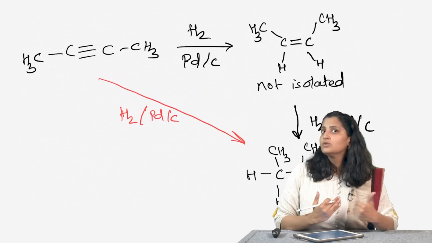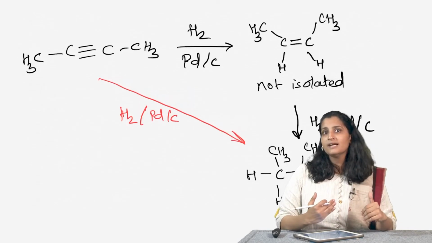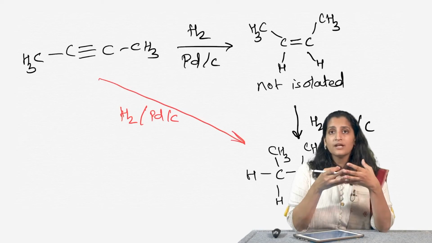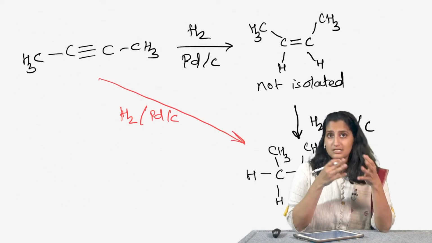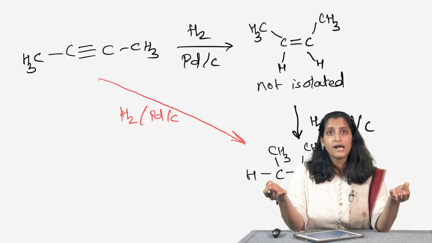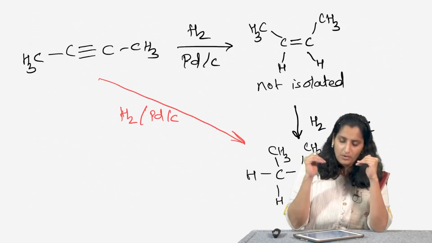So, when we do the same reduction in presence of Lindlar's catalyst, what happens is that the reduction or the hydrogenation of an alkyne is stereoselective. It results into the syn addition of 2 hydrogen atoms across the carbon-carbon triple bond.